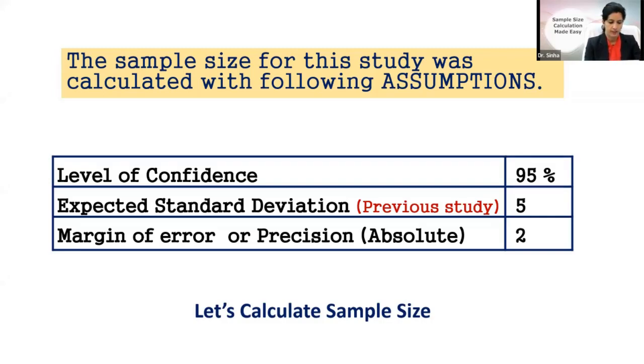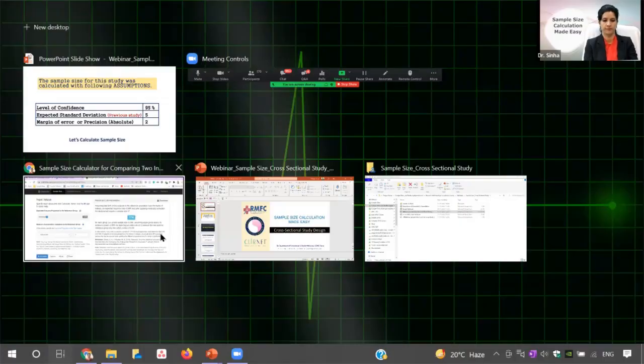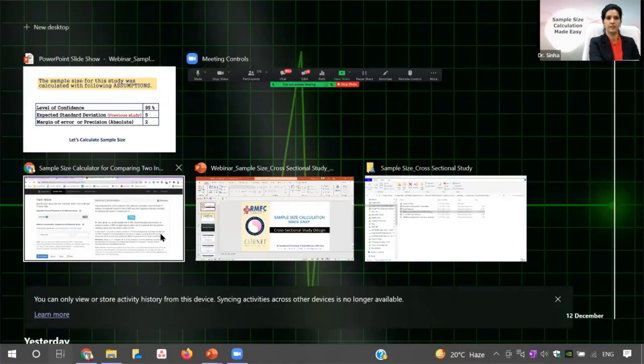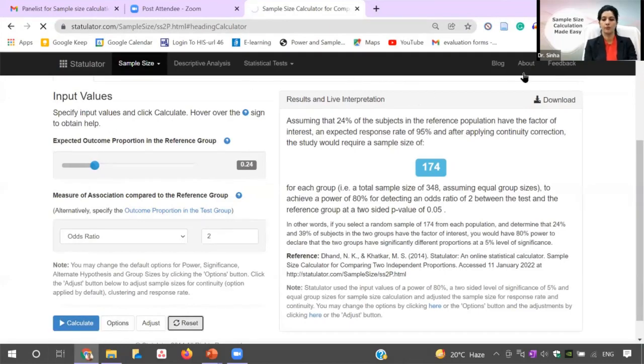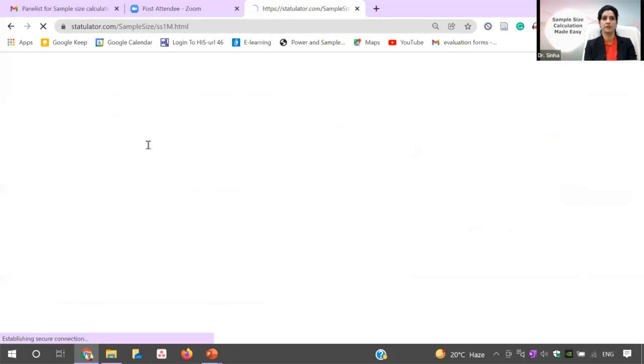So I have taken the expected standard deviation as 5 and margin of error as 2. I'll go here and reset this. In this option of Statulator, from this drop down menu, click estimate a single mean.